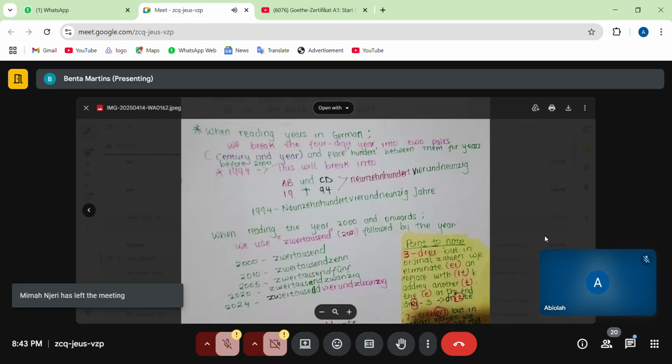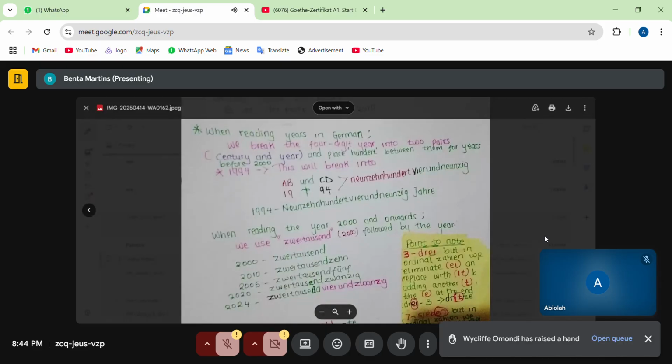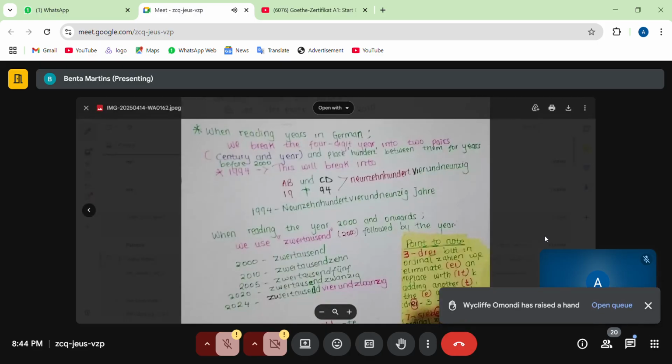You ask yourself, what is 4 and what is 90? So here we have 94. You begin with 4 und 90. So when you place them together, it's going to be 1900, 4 und 90. Are we together, Catherine? Are we clear?